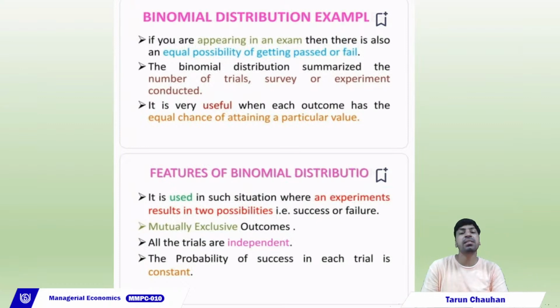So all the trials are totally independent. The probability of success in each trial is always constant, so there are no changes. If any values are to be attained, the probability of success remains the same.